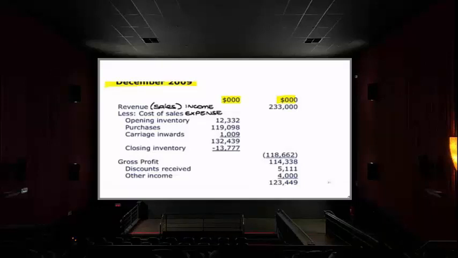Cost of sales is made up of the following components. The first one is opening inventory. And this would be your stock at the start of the year or at the start of the accounting period. So if you have a stock of calculators that you manufactured last year, but you didn't sell them last year, well, at the start of this year, they would still be in your warehouse ready to be sold.